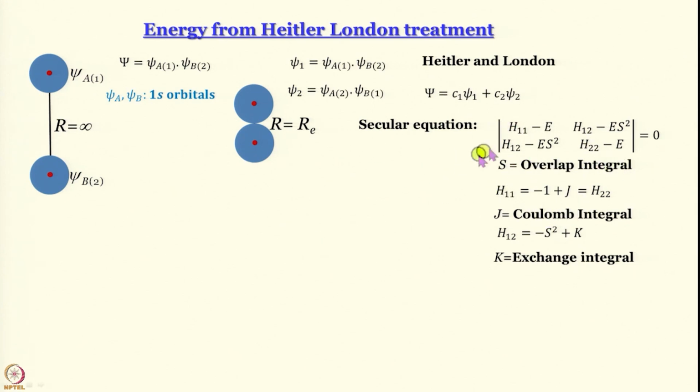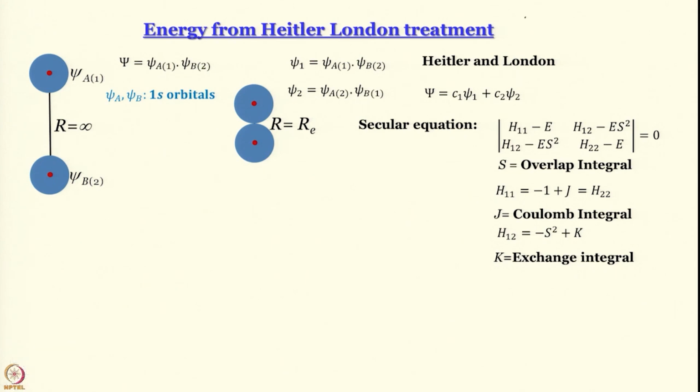You expand this determinant. I am not going to do it, okay, but please do try and see what kind of expressions you get. When you expand, you are going to get something in E square, minus something in E square, right. I will just write the expression in the easiest form at least.